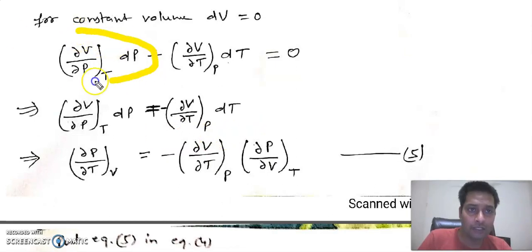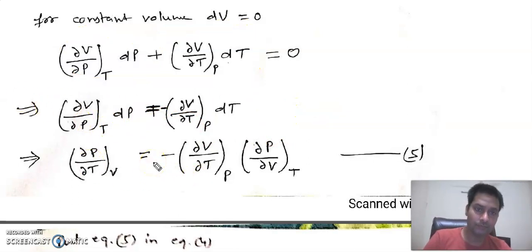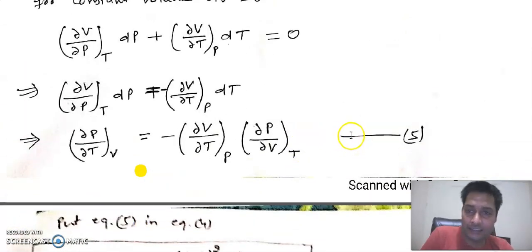Take one term on the left hand side and another on the right hand side. Finally you will get this equation, and let's say this is equation 5.